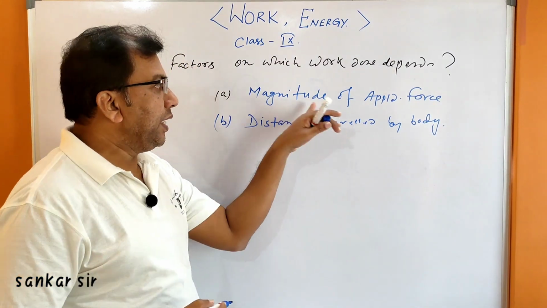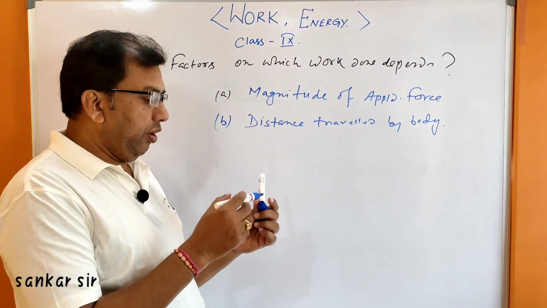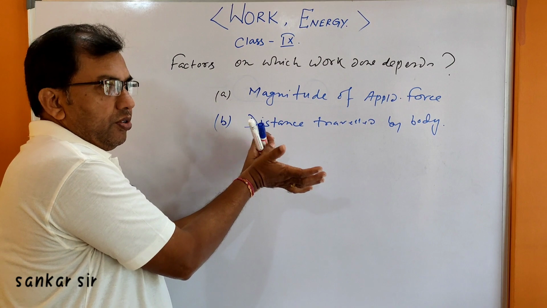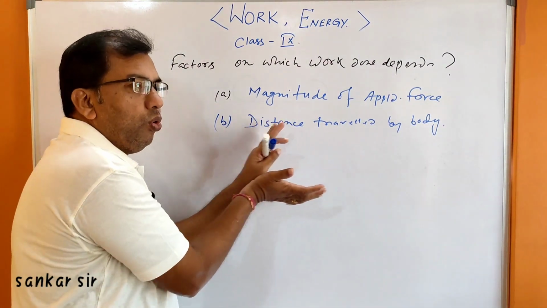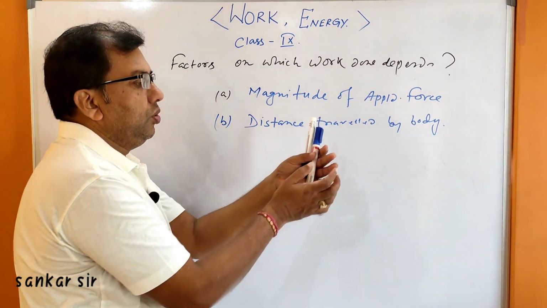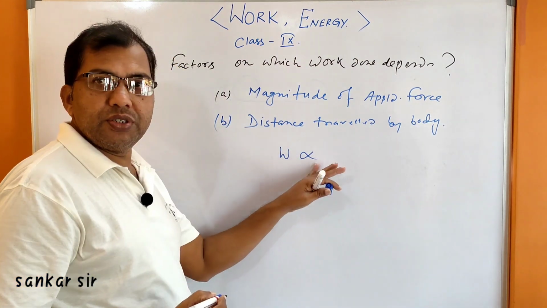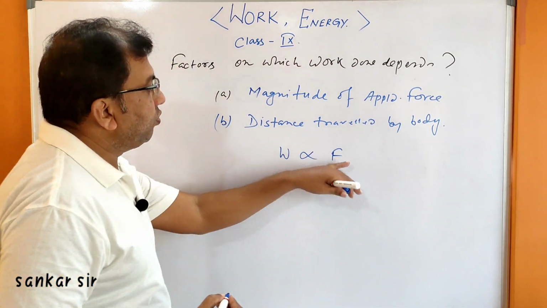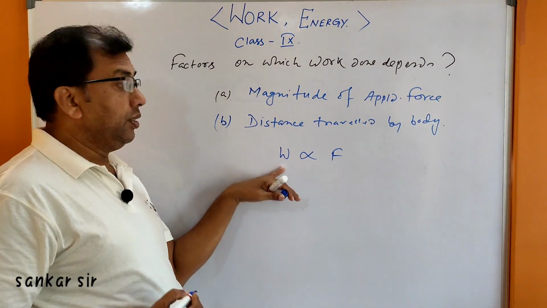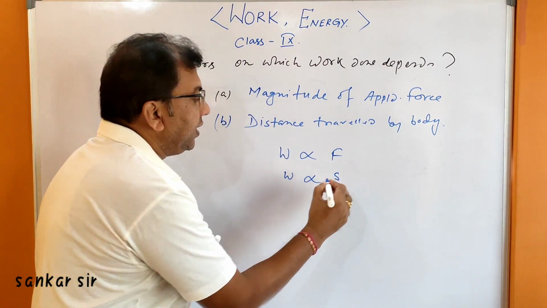What is this? Magnitude of the applied force means: if I apply less force, the displacement will be less. That is, W varies as force F. Less force applied, less work done. More force applied, more work done. And also, work varies as S, where S is the displacement.